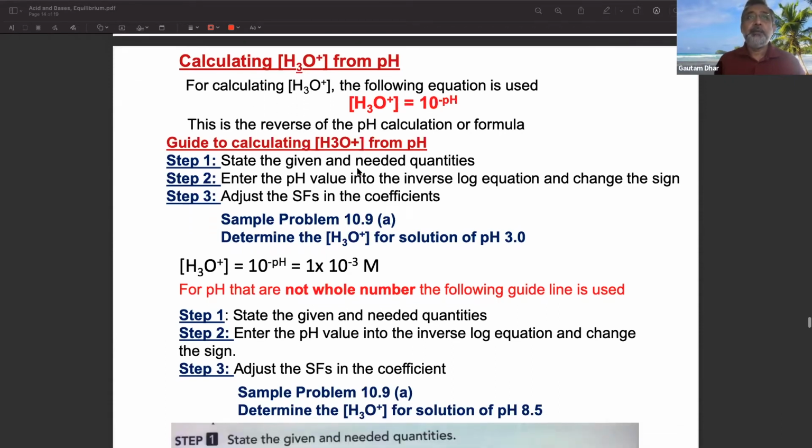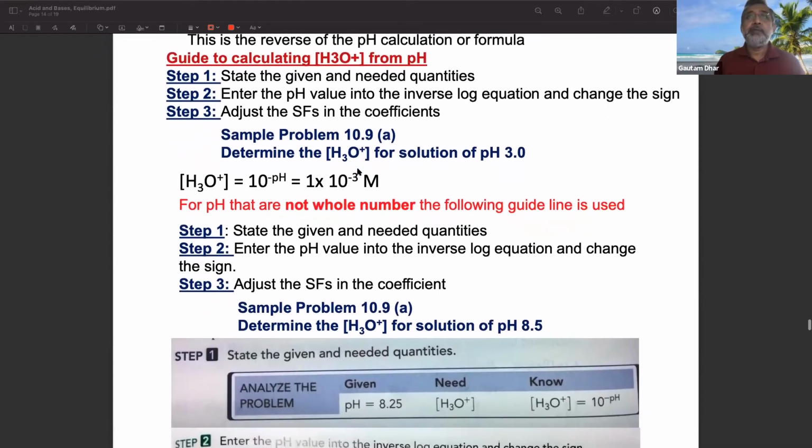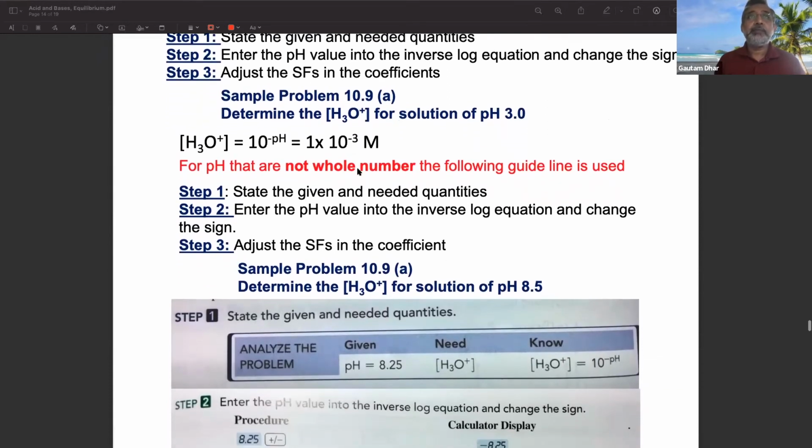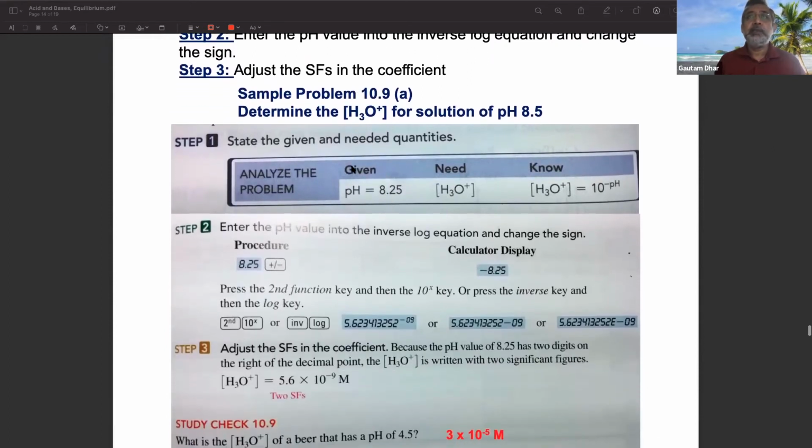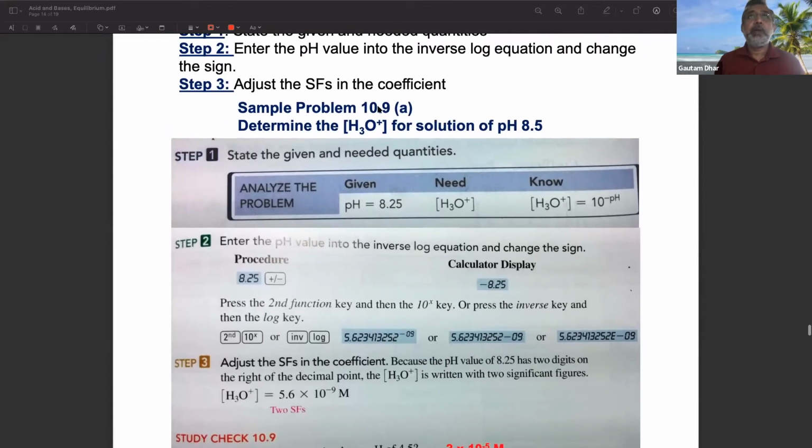So if you look at this example here, the pH of a sample of water, let's say solution, is 8.5. So what is the H3O plus concentration?